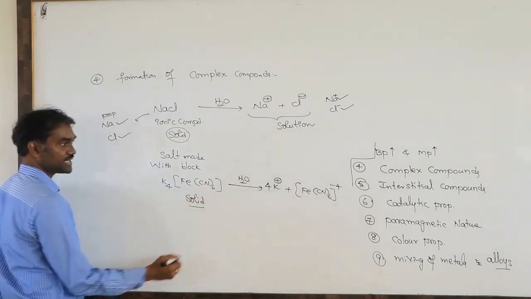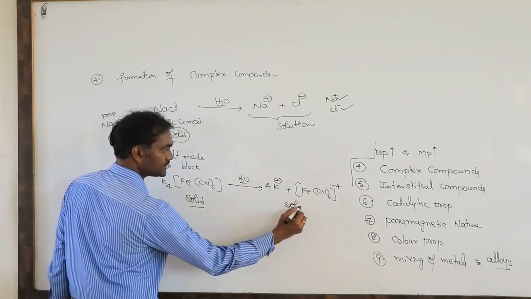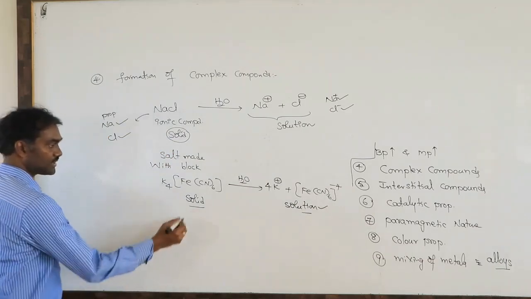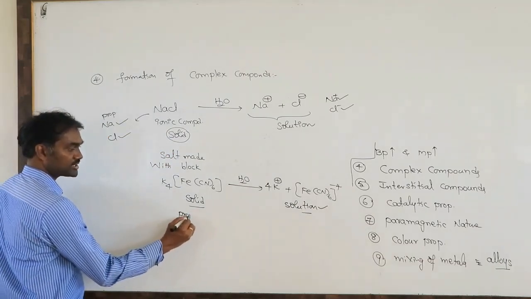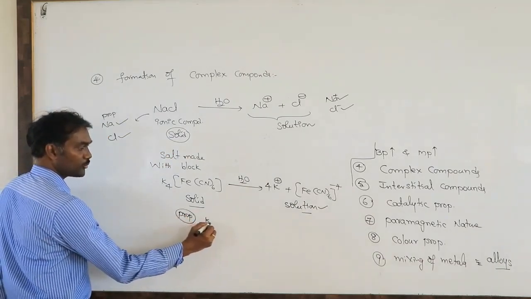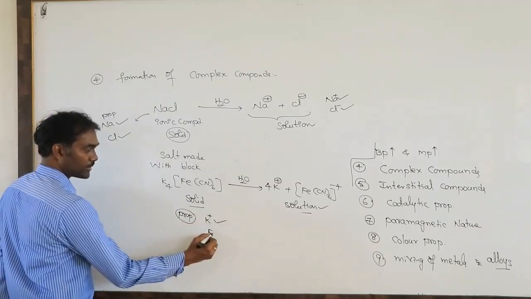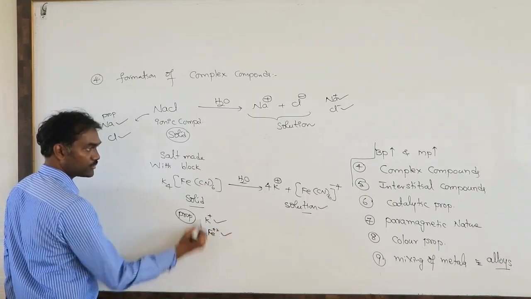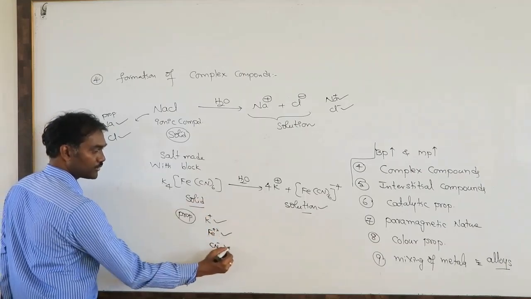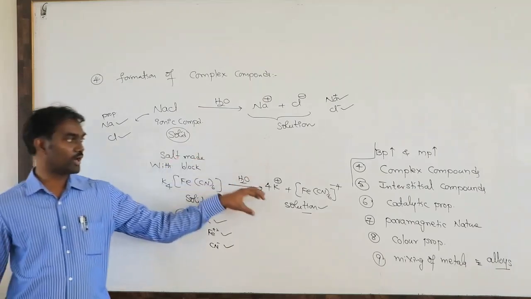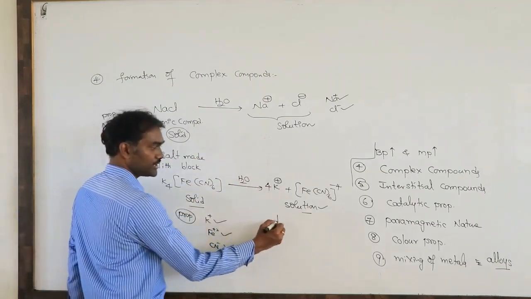Suppose in the solid state, and this is the dissolved state, which means a solution state. In the solid state, you can identify the potassium property, the iron property, and the cyanide property. If you take it into the water, what happens?